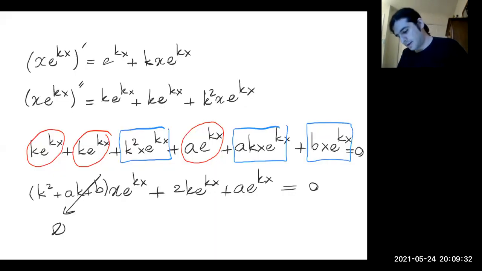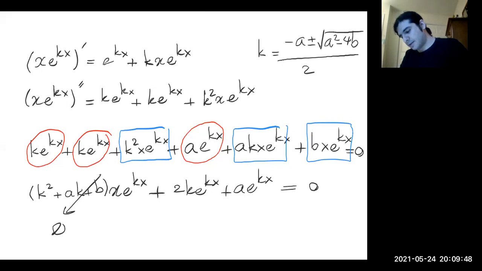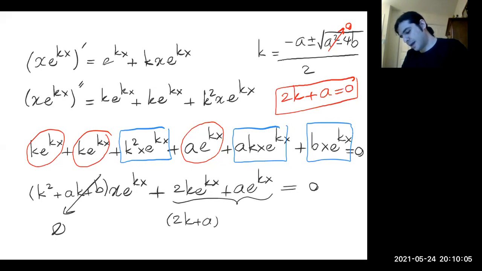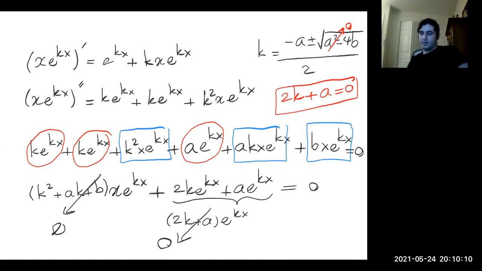We also know what k is. Remember, k was equal to minus a plus or minus the square root of a squared minus 4b, over 2. But now we are assuming that this part is 0, so 2k plus a is also equal to 0. And in this part, we have 2k plus a times e to the kx, which is also 0. So the result is 0.